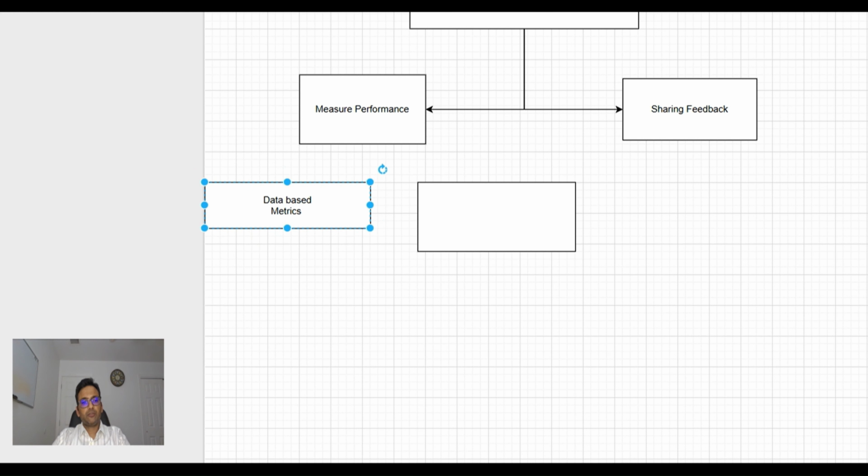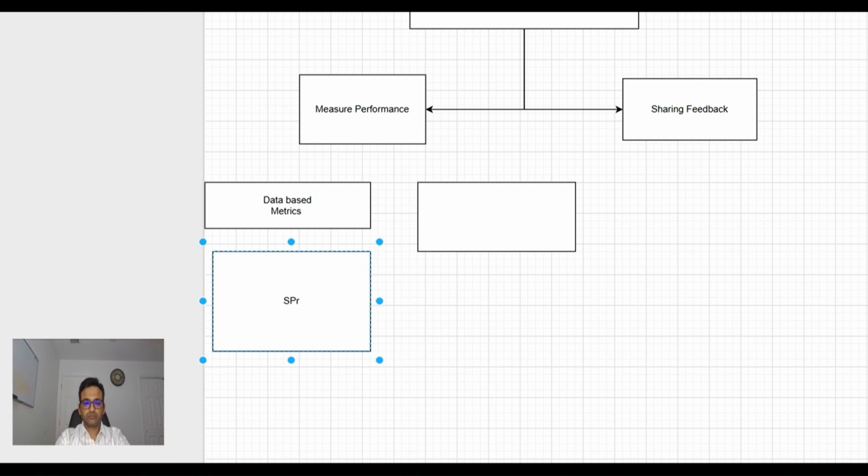For example, for a developer, if it is a development team and we are using, let's say, agile, so sprint completion ratio, velocity, incoming defect rate per unit of work, defect fixing rate. There are multiple things to measure productivity and quality. So we can define those things.